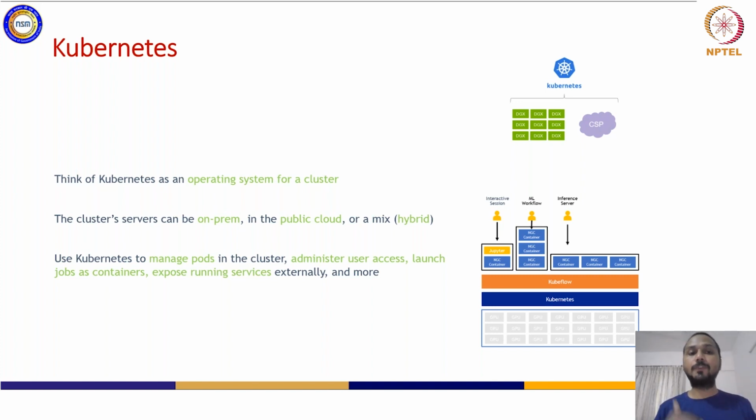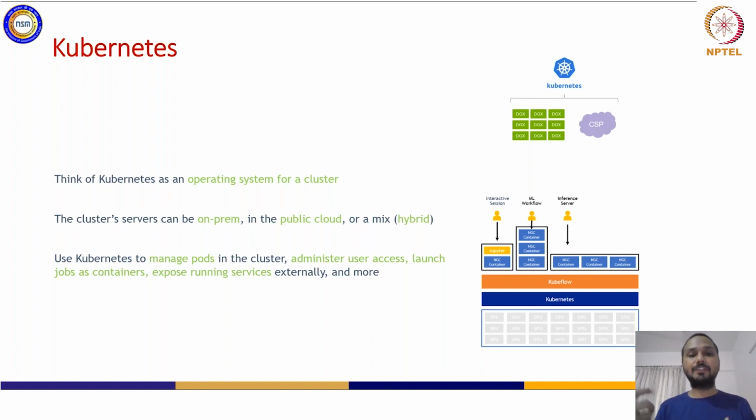You can think of it as a higher level operating system which takes into consideration all of the resources of your cluster. These clusters can be on premise. We looked at one example, which is in your premise. It can be a laptop also as one of the components of that cluster. It can be in the cloud or it can be hybrid. We looked at the cloud bursting part, right? So Kubernetes as an orchestration would look at whether it is happening on premise, and if you have resources, it can keep it here.